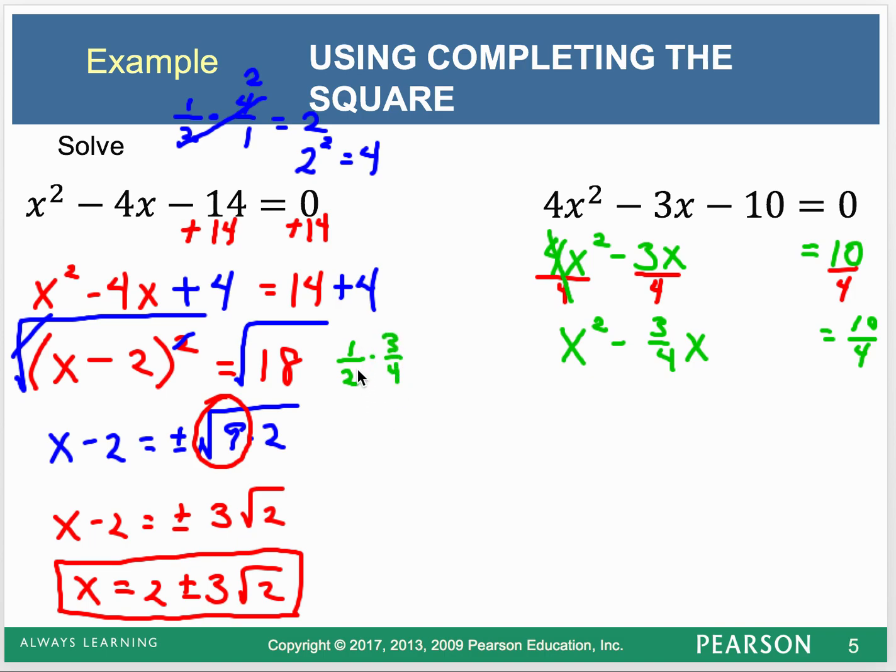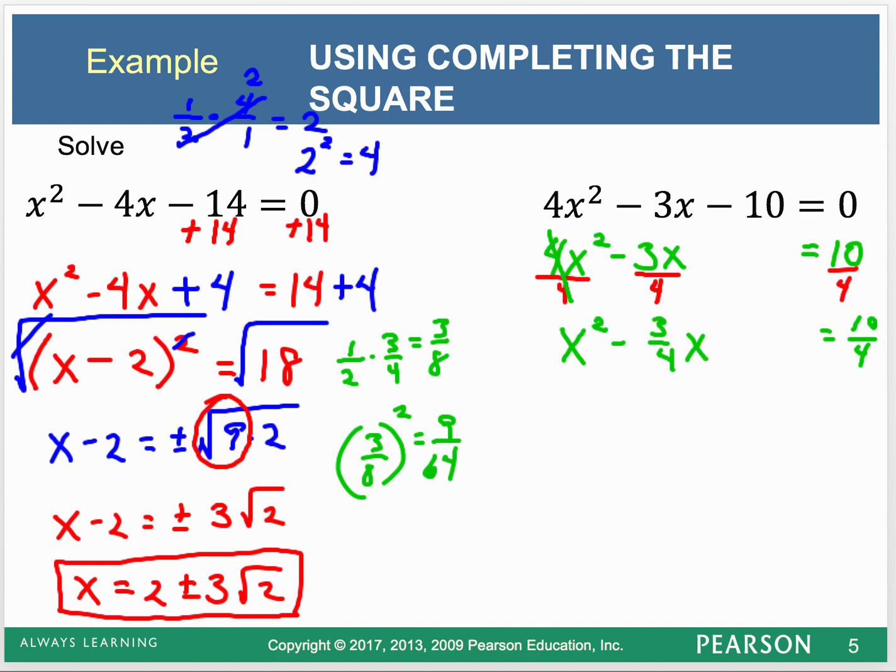Half of 3/4, multiply straight across, 3/8. Oh, not too bad. And then square it. 3/8 squared is 3 times 3, 8 times 8, 9/64, right? Add that to both sides.